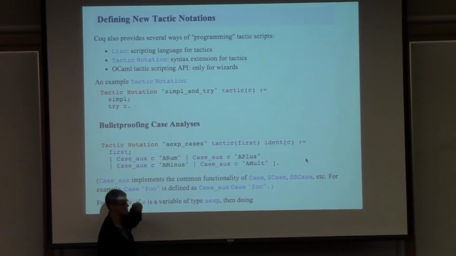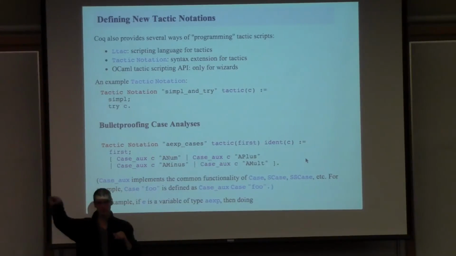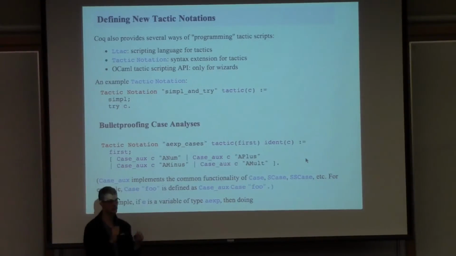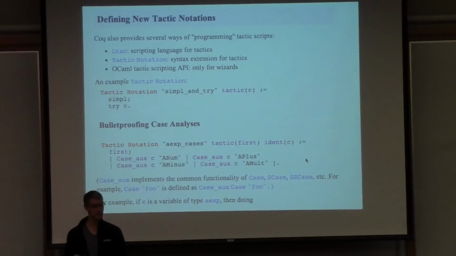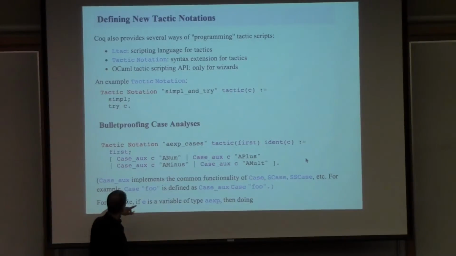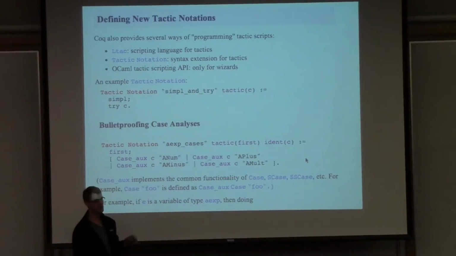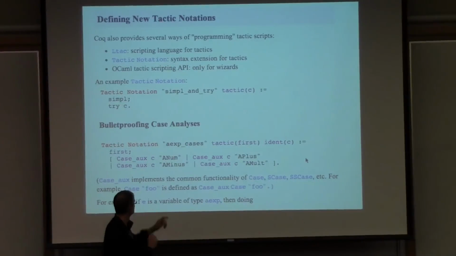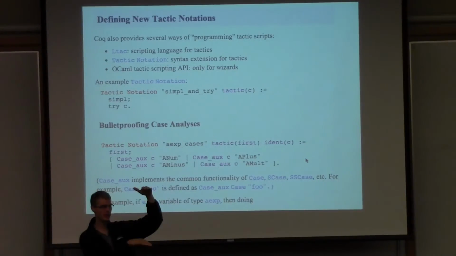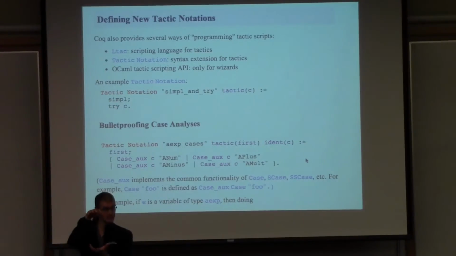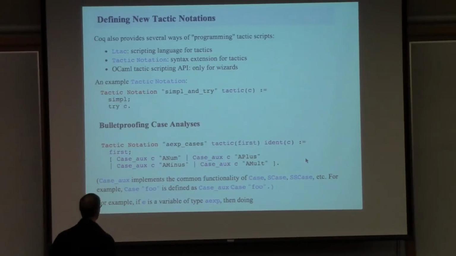What case aux does is the same as case, except that, well, if C is the string case, then case aux C is exactly case. If C is the string S case, then case aux C is exactly what S case does, etc. So this C here is a little bit of extra parameterization so that this AEXP cases can be used both at the top level for an outer case analysis or inside of some other case analysis for a subcase analysis and so on.